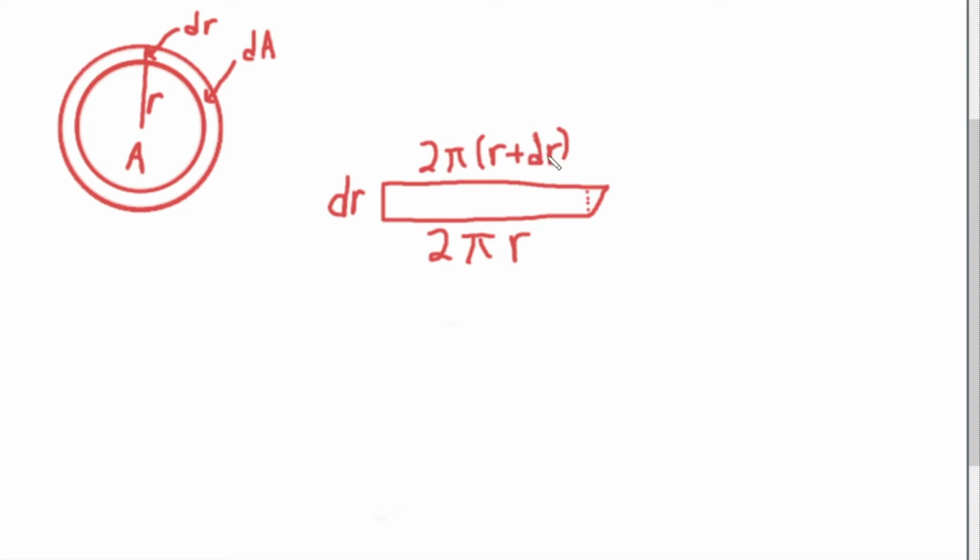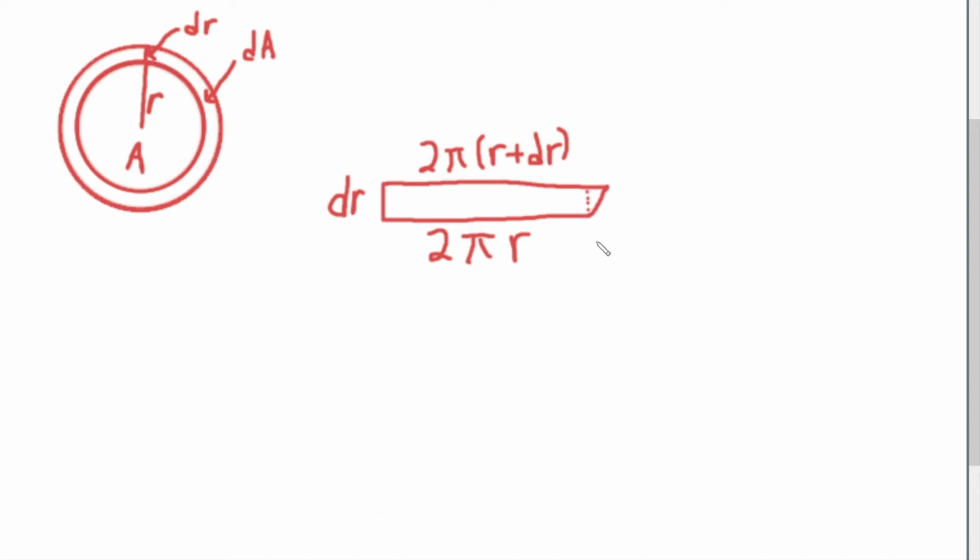R plus dr is the radius of the outer circle, because the radius of the outer circle is the initial radius r plus the change in radius dr. And then the width of the trapezoid is just going to be dr, because dr is a change in radius. And right here, that is this side, if you can imagine the ring being rolled out into a trapezoid.